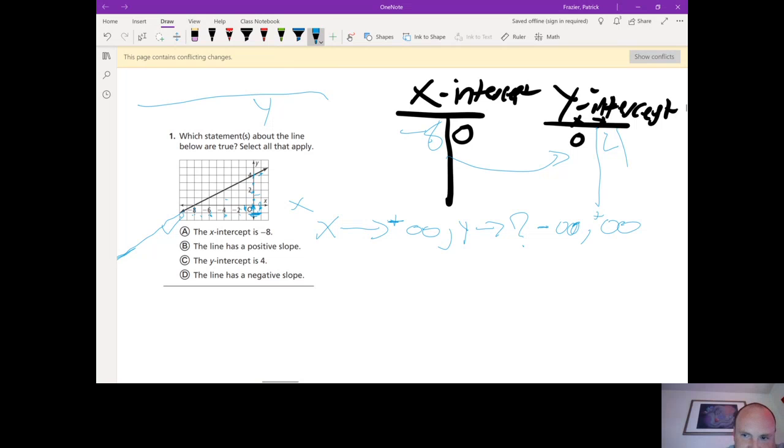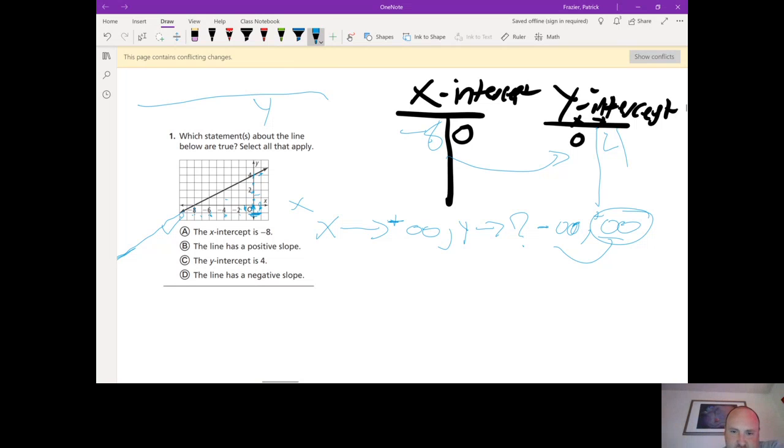So it's pretty clear it's going towards positive infinity, not negative infinity. If y is getting bigger as x is getting bigger, as we move to the right, y is going up, not down. Would that be a positive or a negative slope?